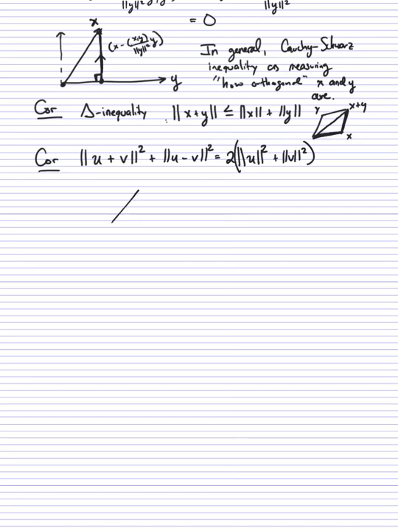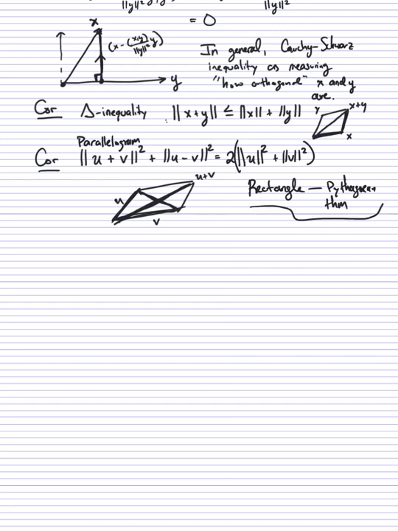This is saying if I take a parallelogram in R2, with u, v, u plus v and u minus v, the sum of squares of these diagonal lengths is twice the sum of the squares of the sides. If this was a rectangle, this is essentially the Pythagorean theorem. In general, it's not too hard to prove from Cauchy-Schwarz.